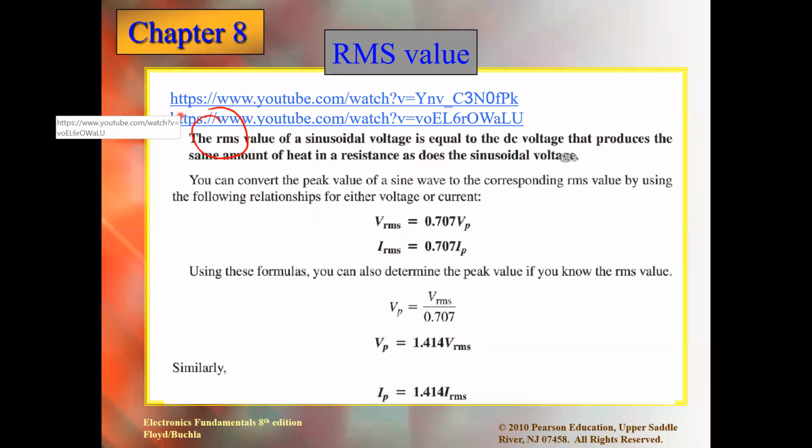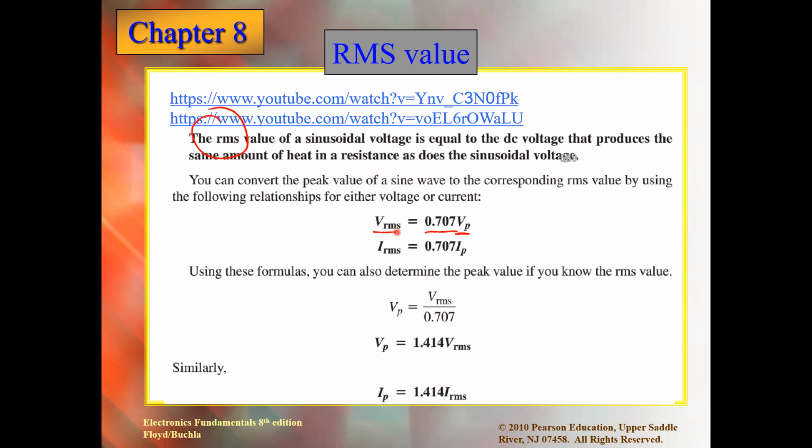Now how can we convert it? For example, if you know the peak value of the AC and you multiply it by 0.707, you will get VRMS, which is basically the DC equivalent of the given AC. VRMS is equal to 0.707 VP.